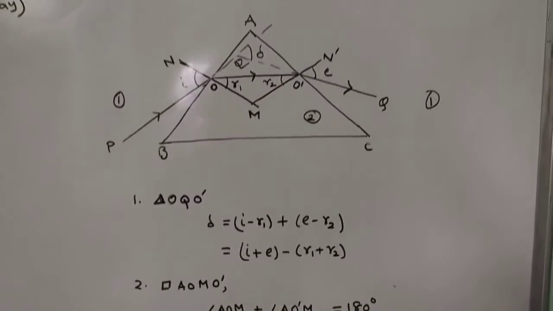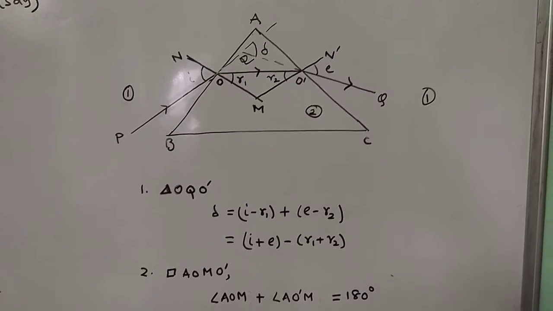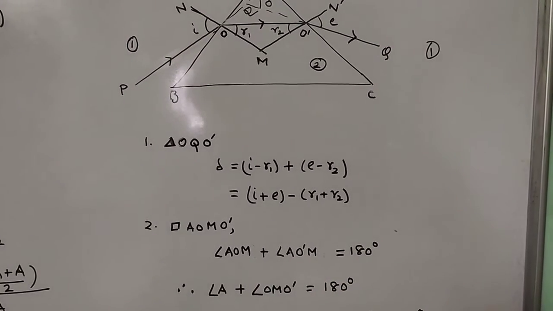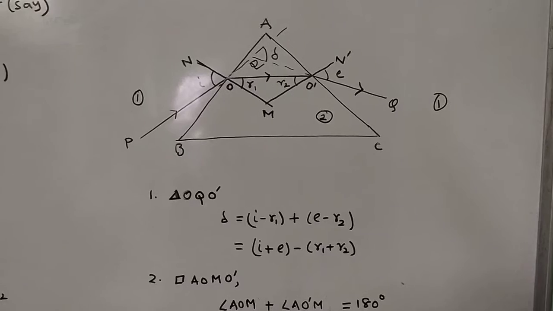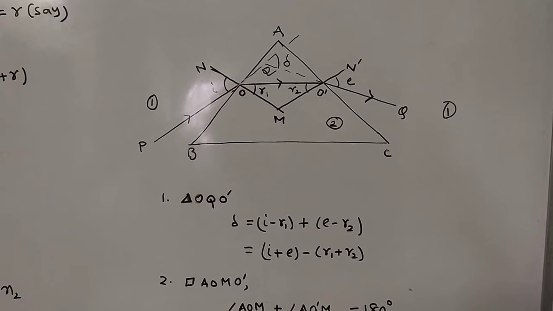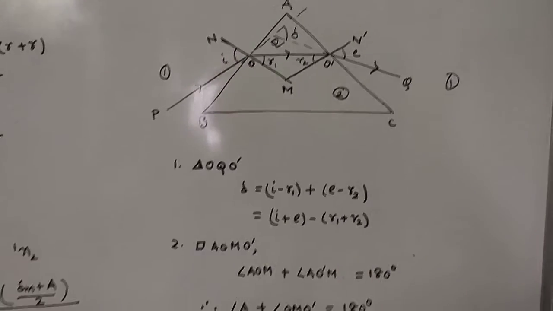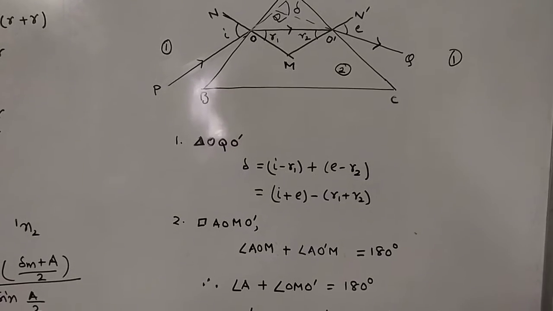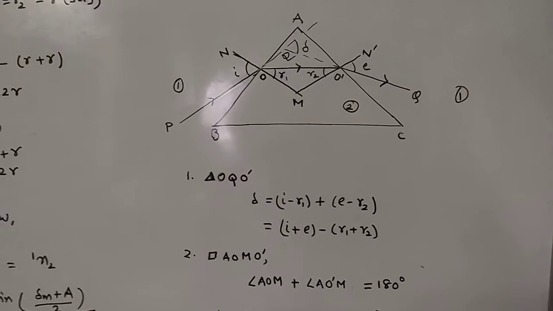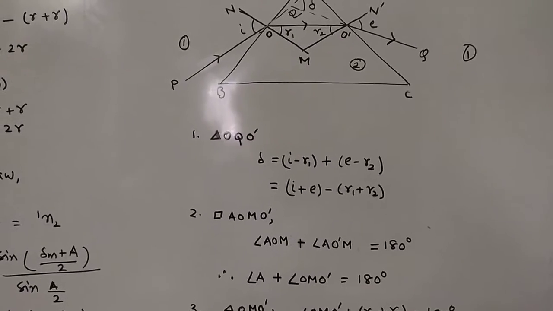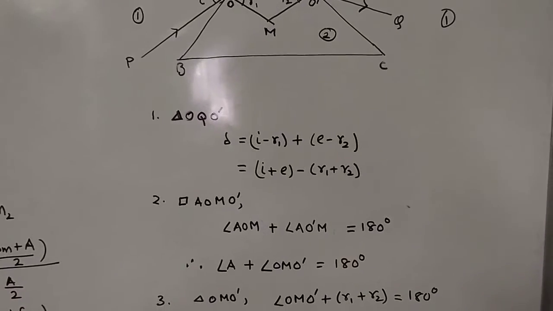So that's why we have written angle AOM AO dash M equal to 180 degrees. Therefore angle A plus angle O dash is also 180 degrees.